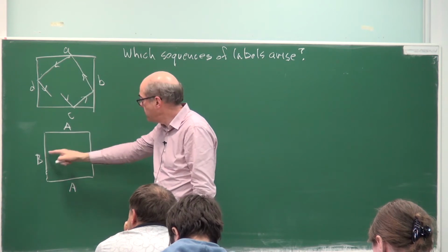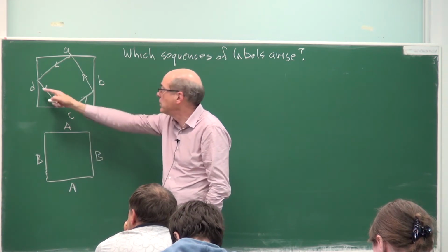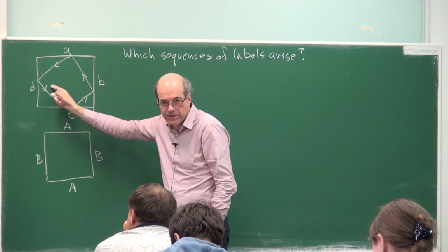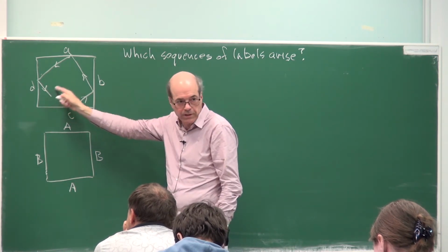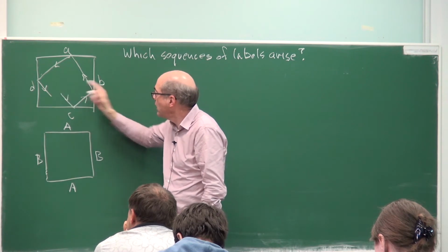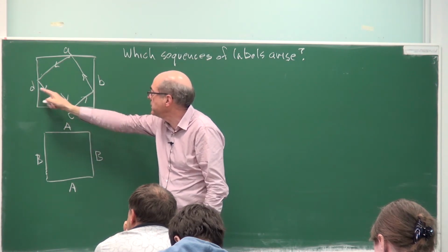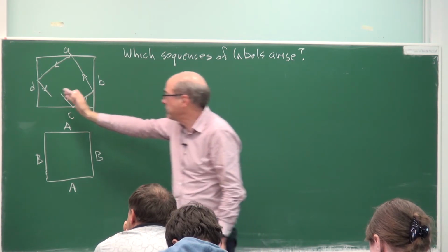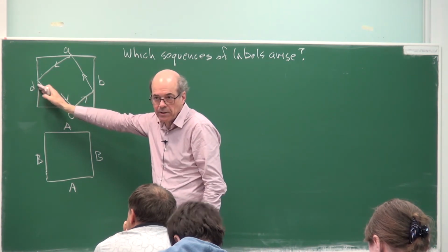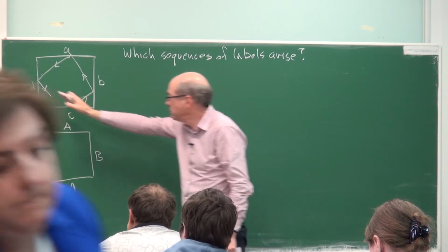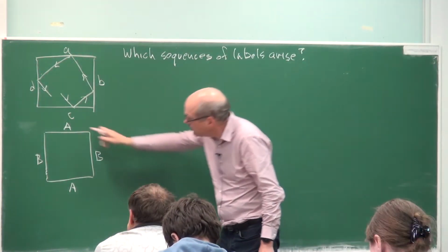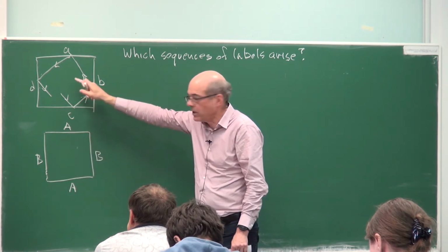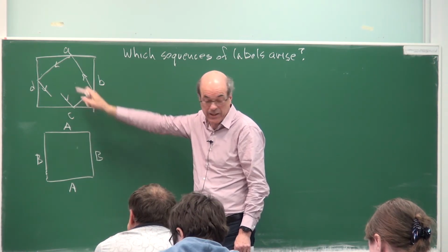Because the first B will hit one of these sides, but the second B will hit the opposite side, right? So you can determine which B's get replaced by little d's and which get replaced by little b's. So if you can describe a sequence of capital letters here, you can also describe sequences of little letters, right?